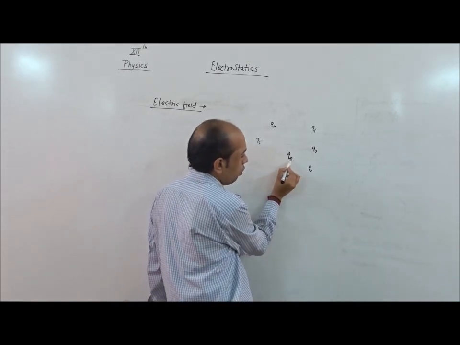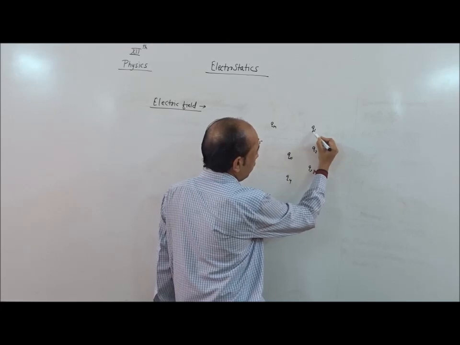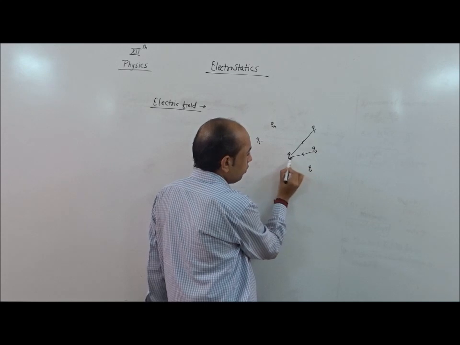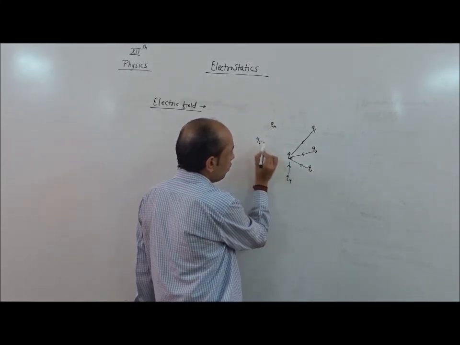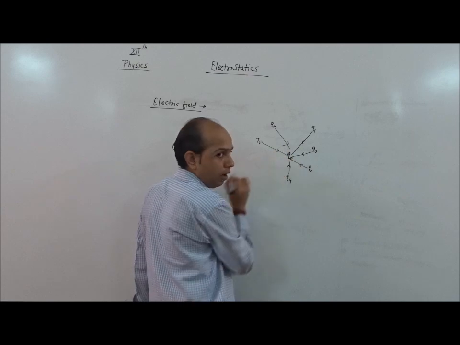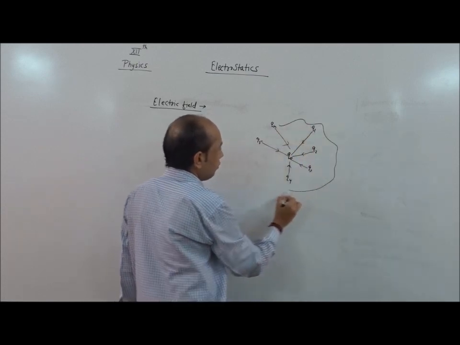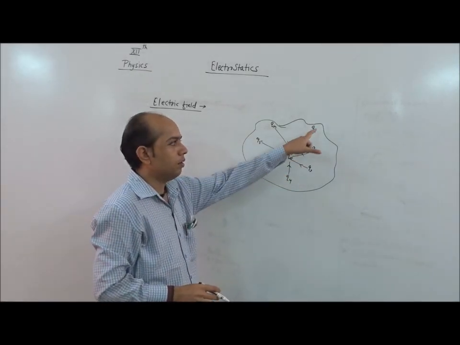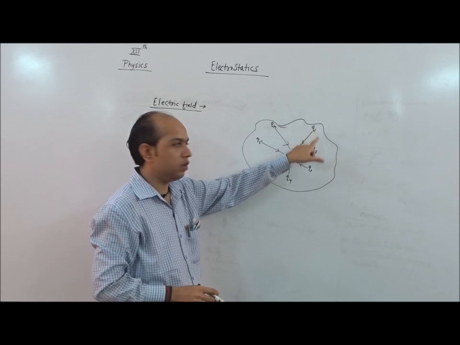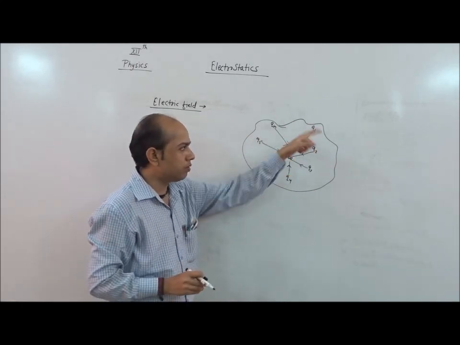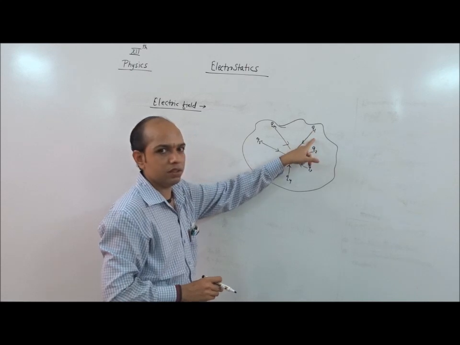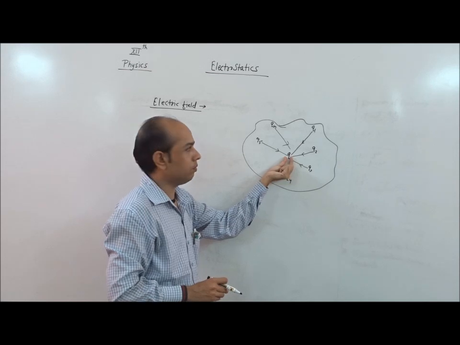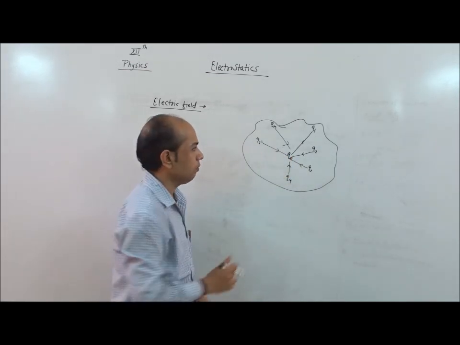Q0 experiences force from Q1, from Q2, from Q3, from Q4, Q5 and Qn. So the space around a test charge where other charges Q1, Q2 and Qn experience a force due to this test charge is known as the electric field.